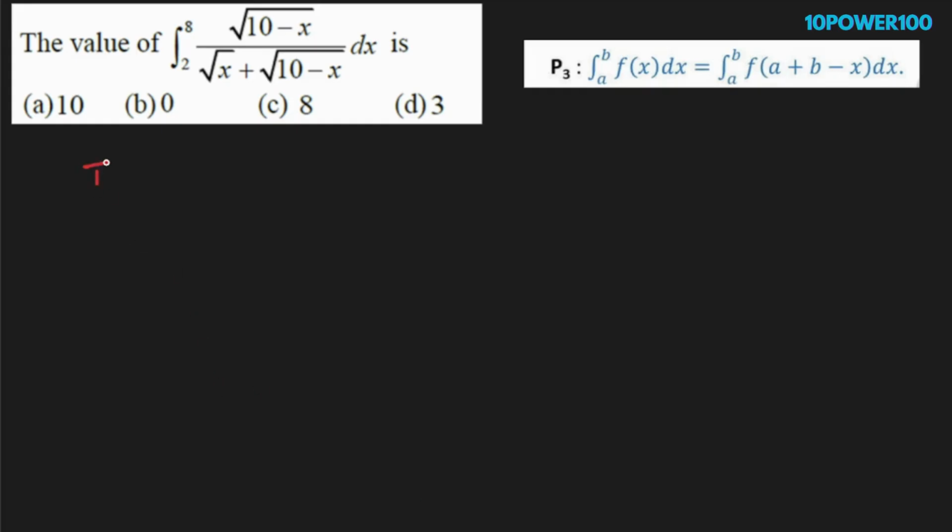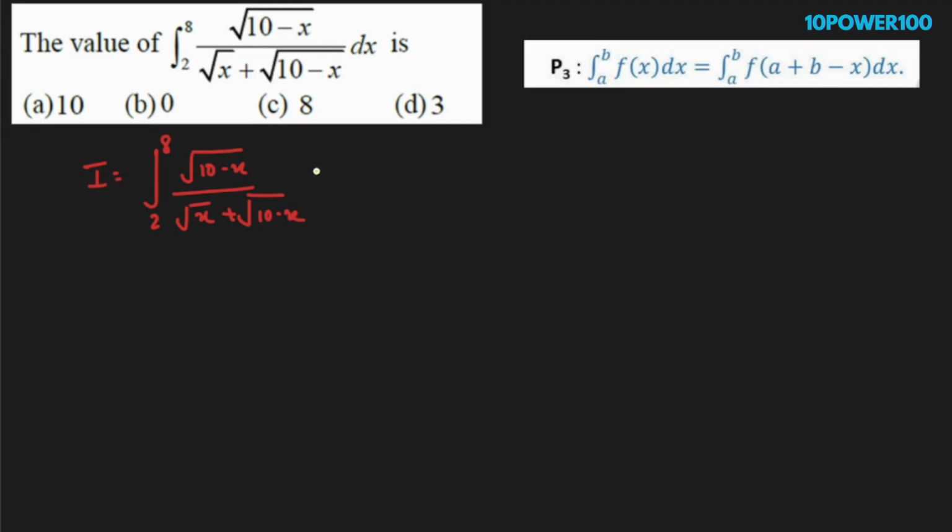So I'll consider I is equal to the integral from 2 to 8 of root 10 minus x divided by root x plus root 10 minus x. Now according to this property, x becomes the sum of the two limits minus x, right?